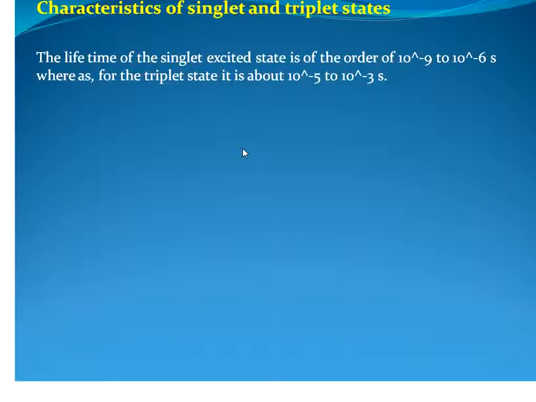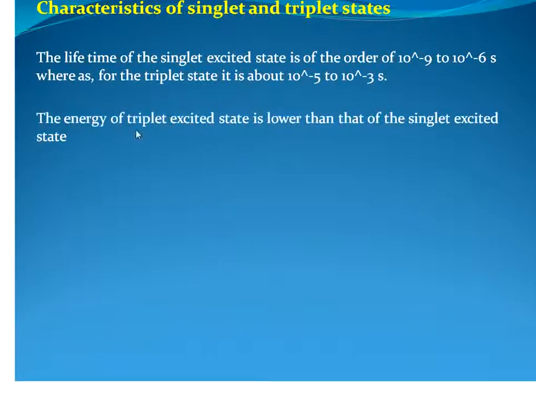The lifetime of the singlet excited state is of the order 10 to the power negative 9 to 10 to the power negative 6, whereas for the triplet state, it's about 10 to the power negative 5 to 10 to the power negative 3. The energy of the triplet excited state is lower than that of the singlet excited state.